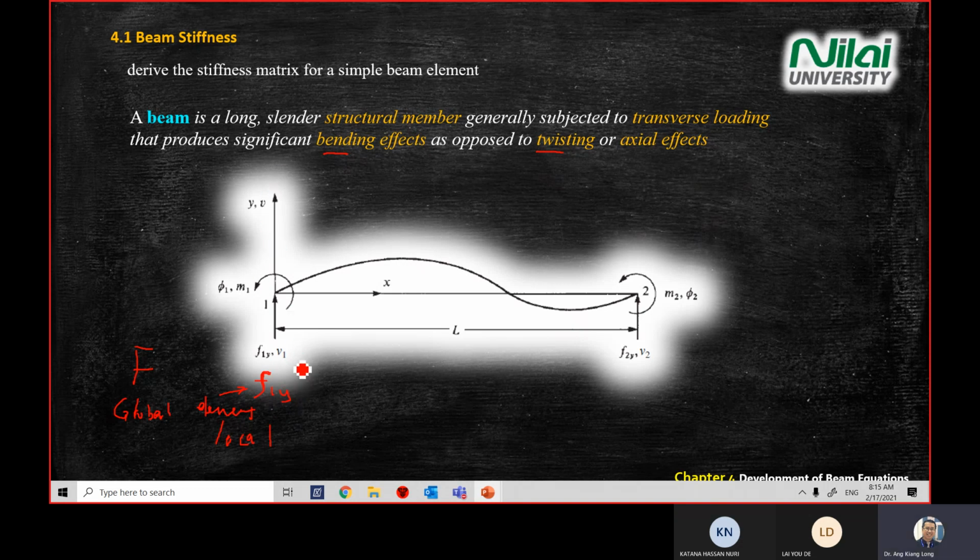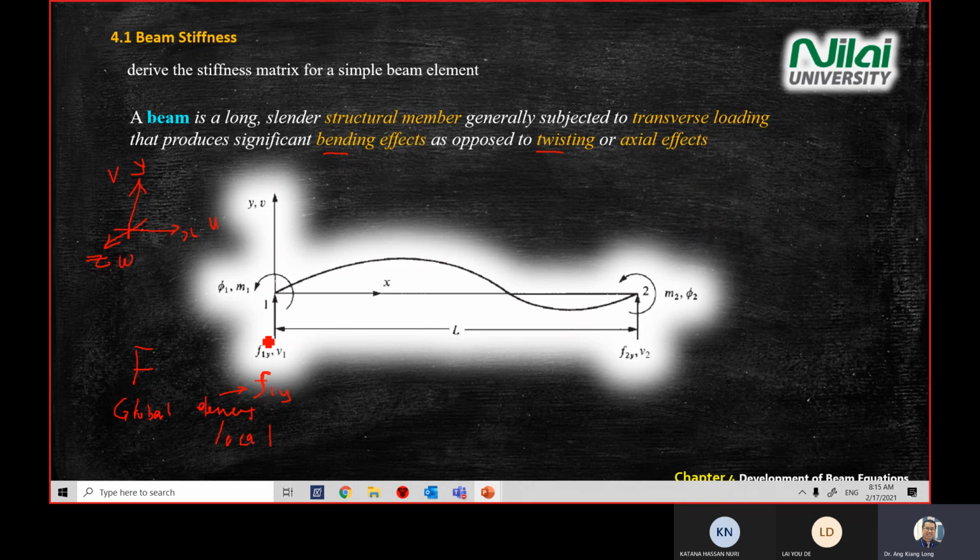If you have, let's say, x, y, and z axes, all the displacement in x, previously we used u. All the displacement in y, we use v. All the displacement in z, we use w. All right.